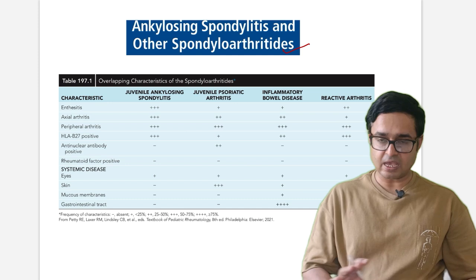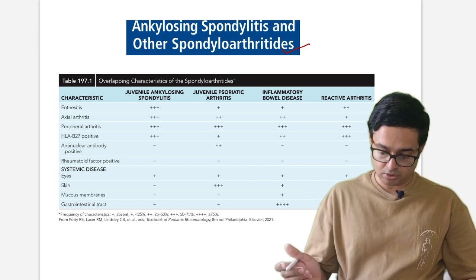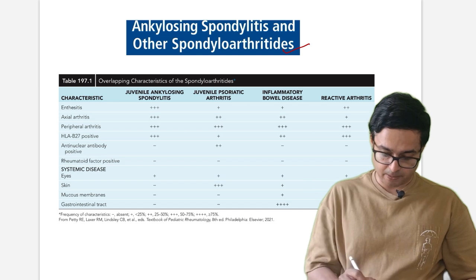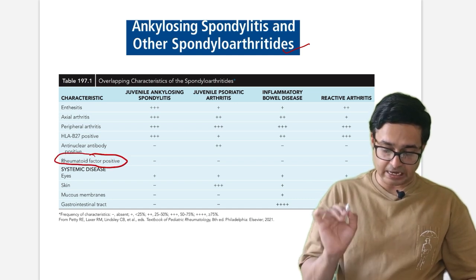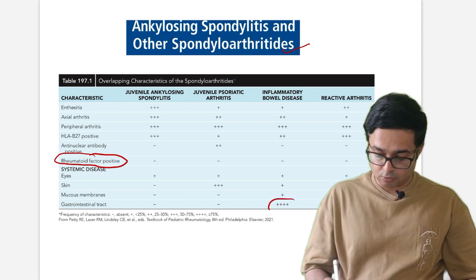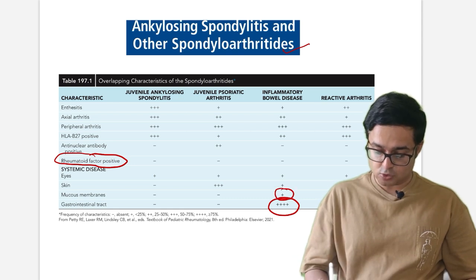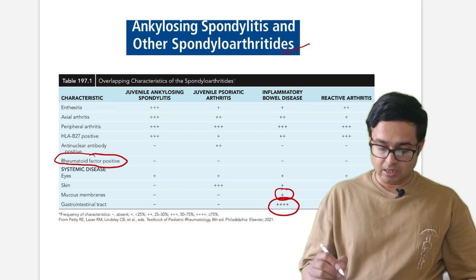Now we'll move to ankylosing spondylitis and other spondyloarthritis. This is an exhaustive looking table. What I want to show you is only the differences. Any of these diseases are rheumatoid factor negative. Just remember this. GI involvement is mostly seen in IBD and reactive arthritis along with mucous membrane. So mucous membrane and GI involvement is seen in inflammatory bowel disease and reactive arthritis.